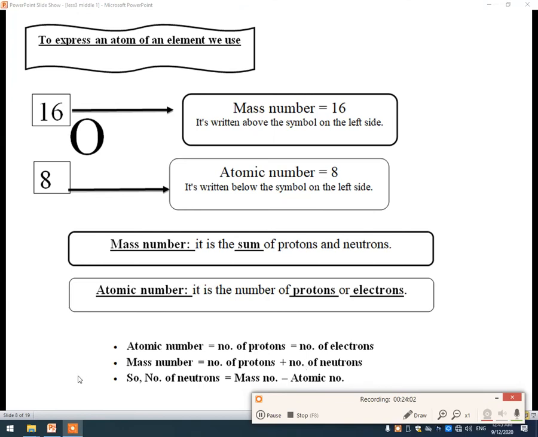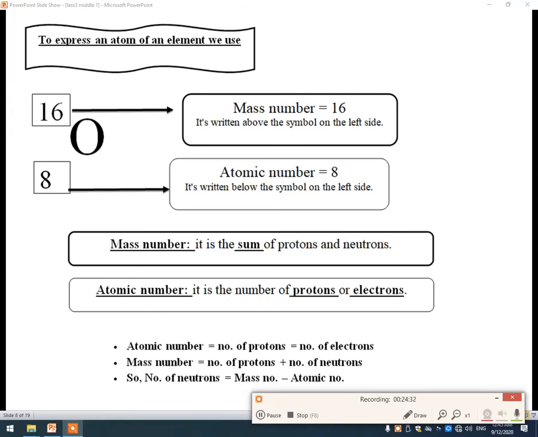So if you are a very smart guy, I will ask you a question now. If you know that the atomic number equals the number of protons and the mass number equals the number of protons plus neutrons, how can I find the number of neutrons only?